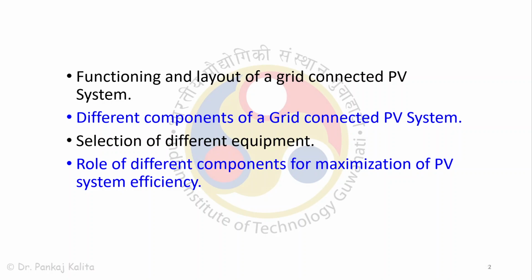Standalone systems are those systems which are on their own. They are not connected to the grid. They are catered to a specific household or a pumping system. This week we will be studying the grid connected photovoltaic system, discussing the functional layout of a grid connected photovoltaic system and its different components.